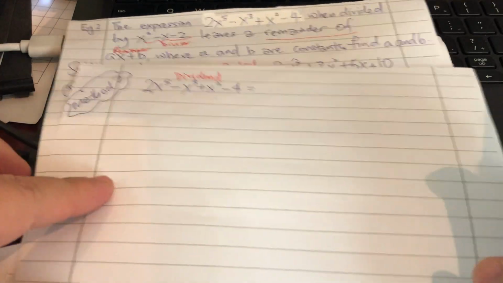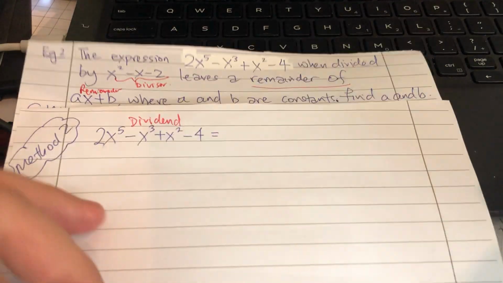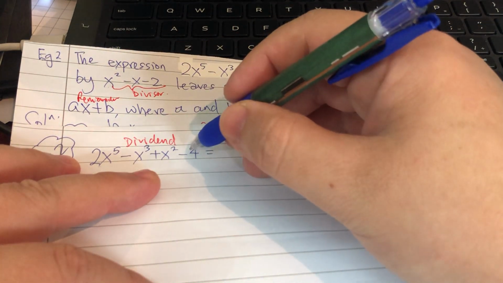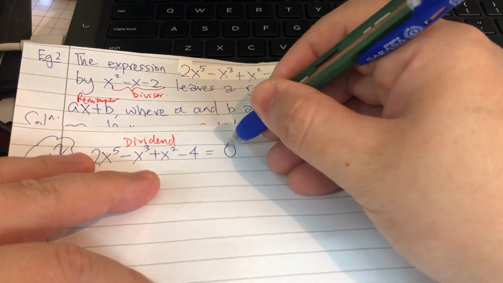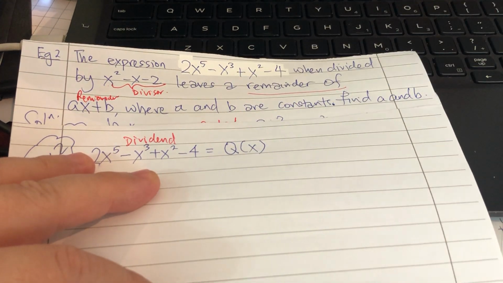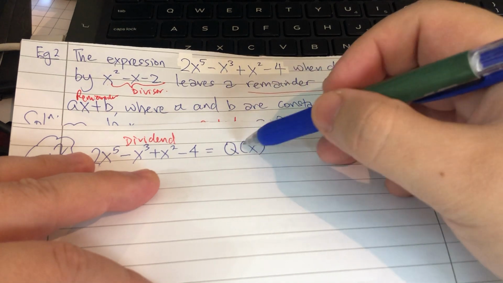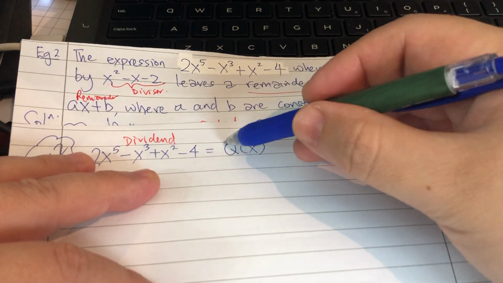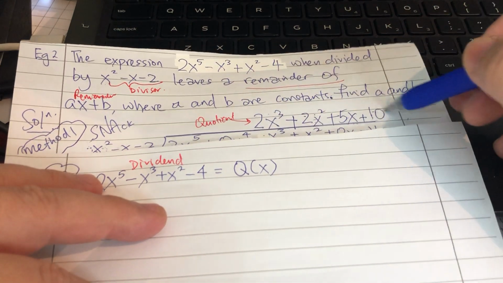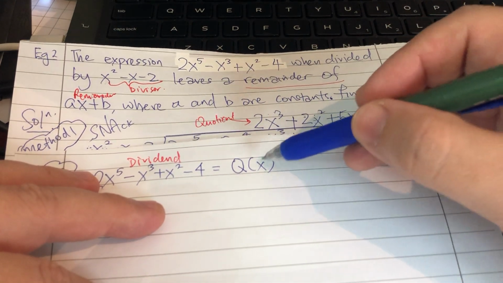Then you ask me, if you don't do that, then how? We are going to use this: dividend is equal to some quotient. I call it a function, this q(x), a function in x. This can represent a polynomial, like we learned in the previous episode.